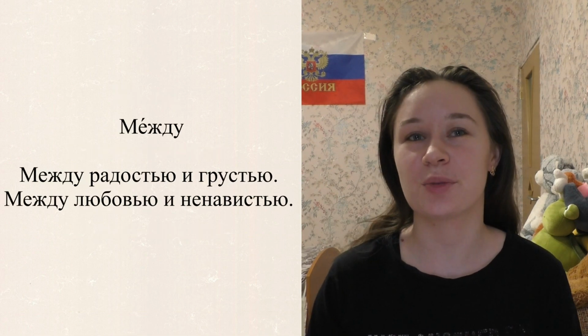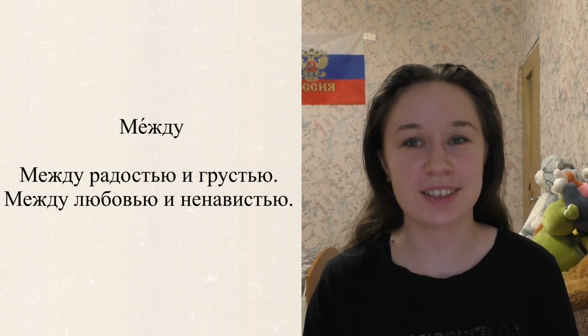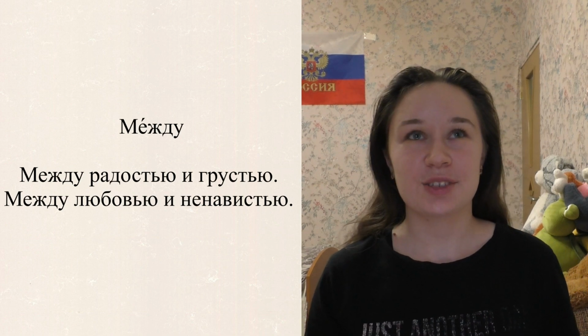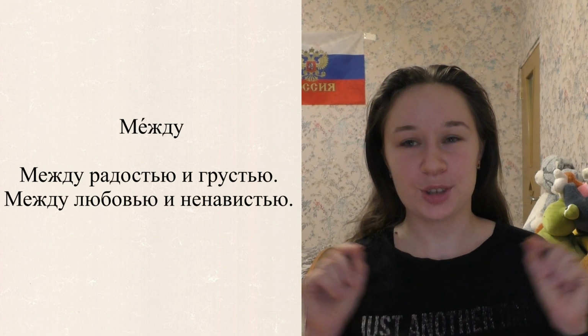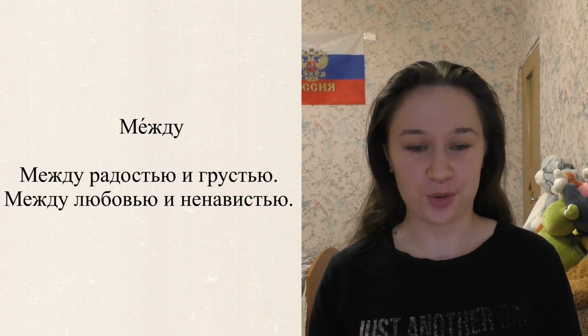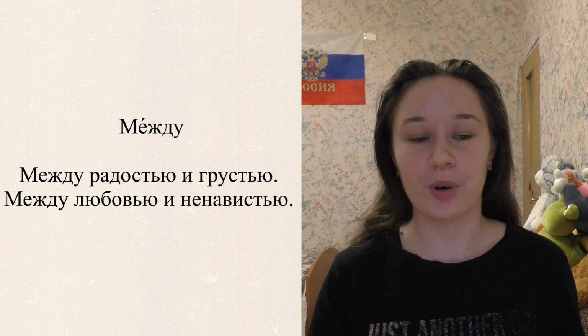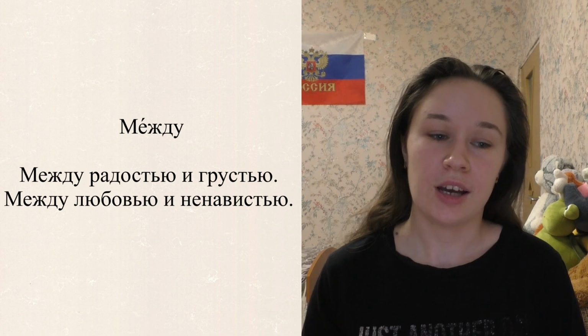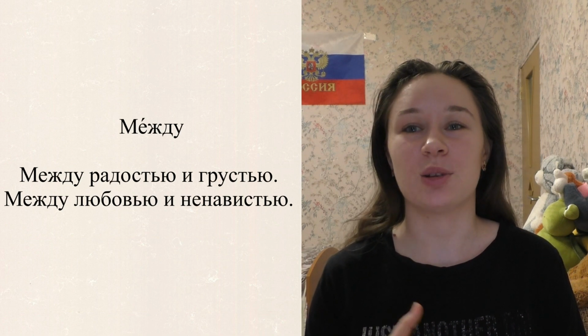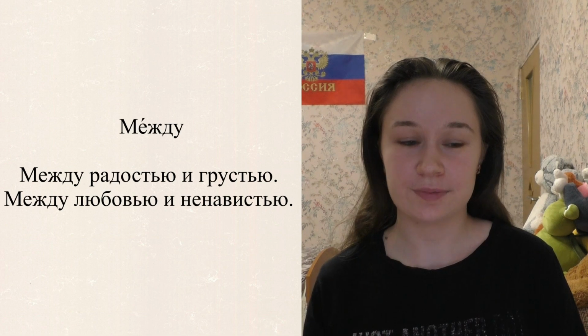The next phrases with two nouns in the instrumental case, very interesting, and the preposition between, между радостью и грустью, между любовью и ненавистью. You already know from the genitive case от любви до ненависти один шаг.